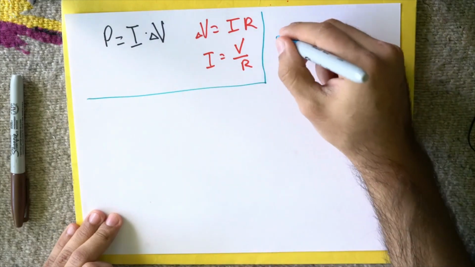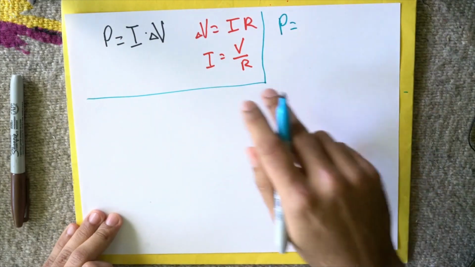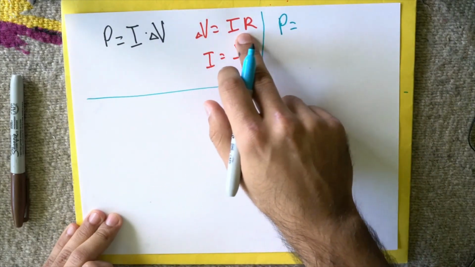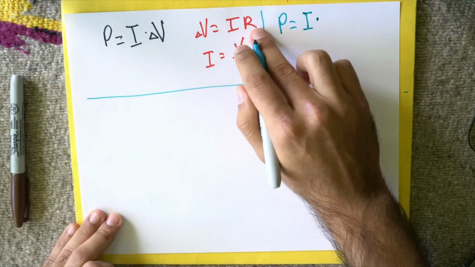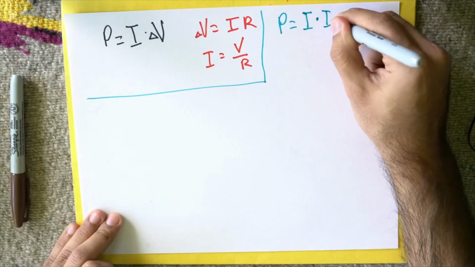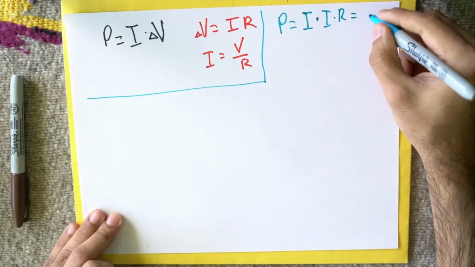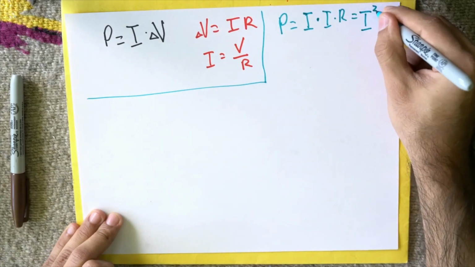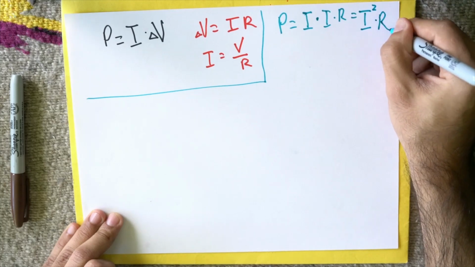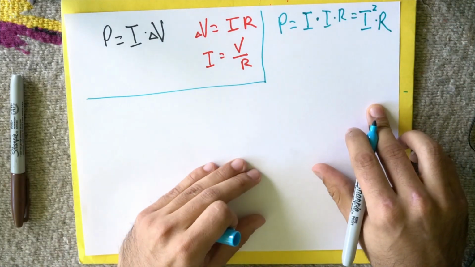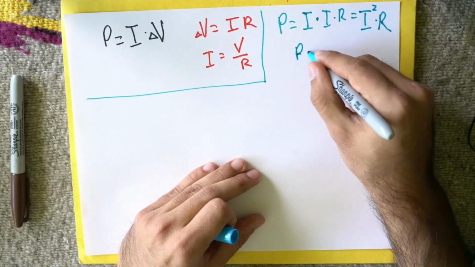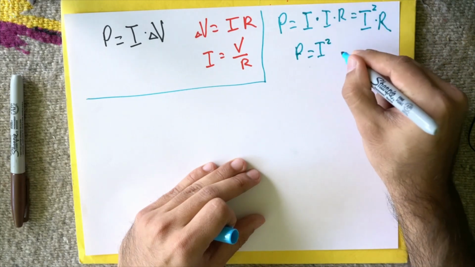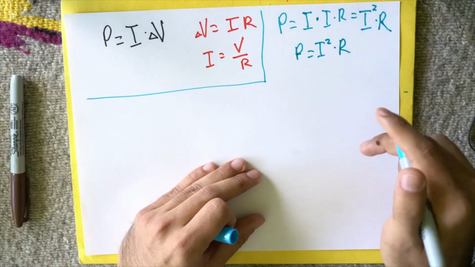So if I plug in for V, here I will have I times R, which equals the current squared times the resistance. So that is a very good equation. Power equals current squared times resistance.